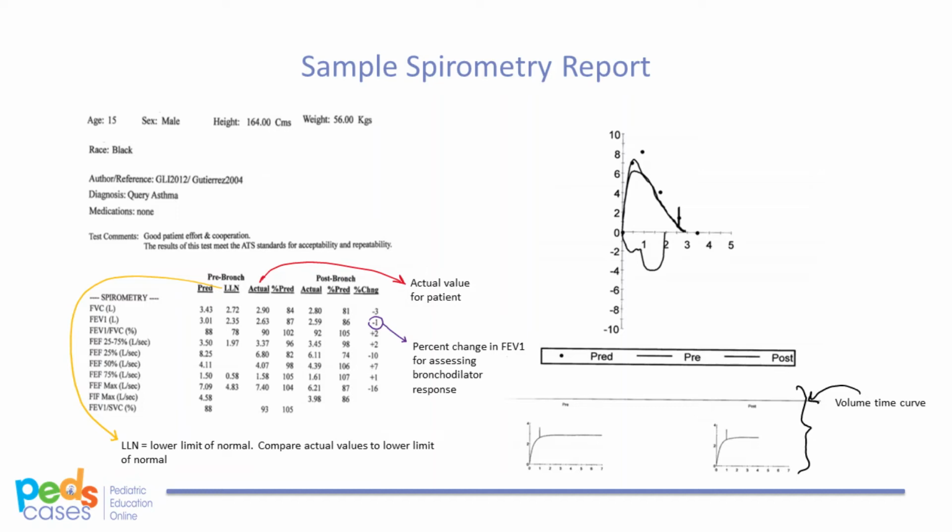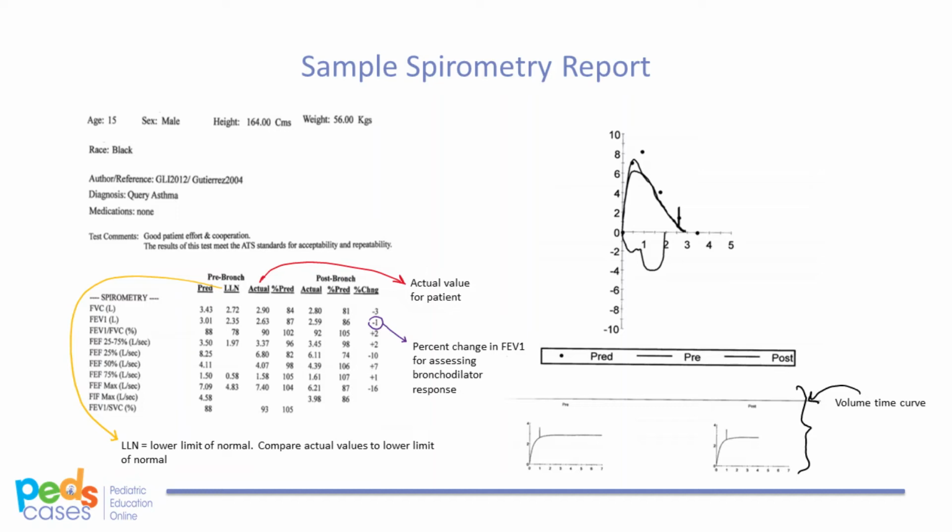You will also see the actual numbers for the parameters we have talked about, including the FEV1, the FVC, and the FEV1 over FVC ratio. There's also some other numbers listed, but you won't need to focus on those when you are first learning spirometry interpretation. In one column, you will see the values measured for that patient.